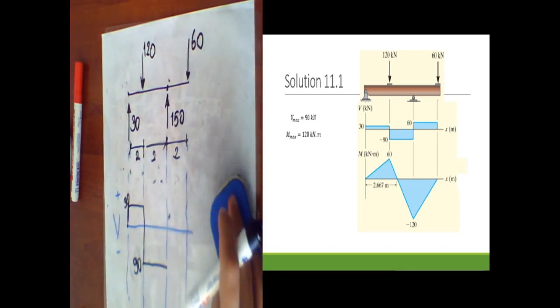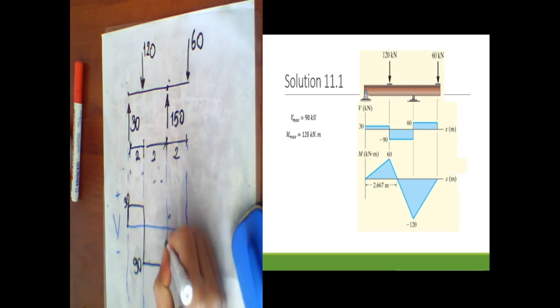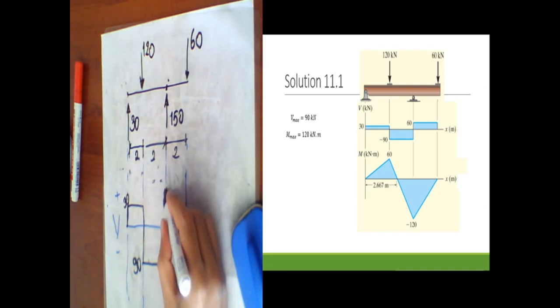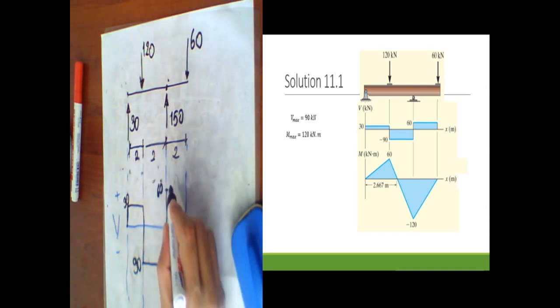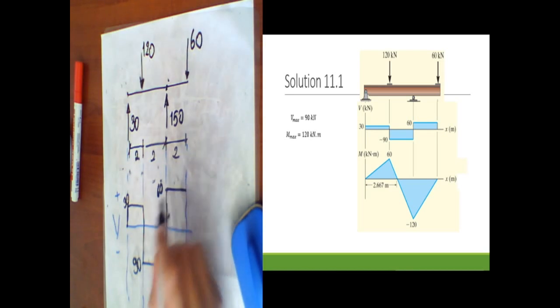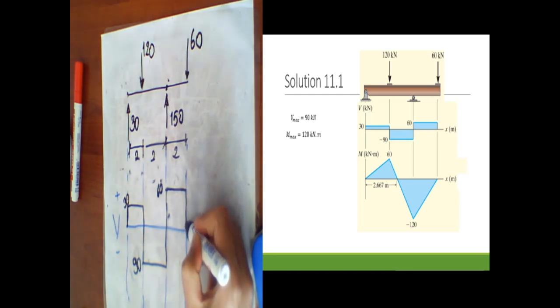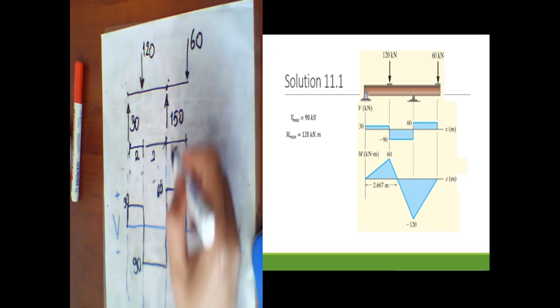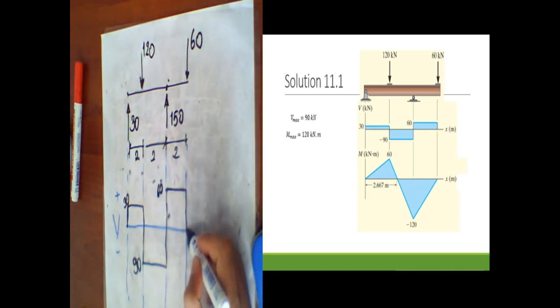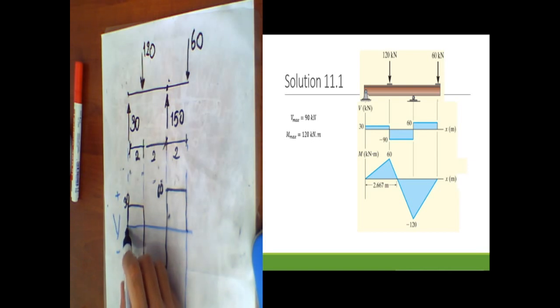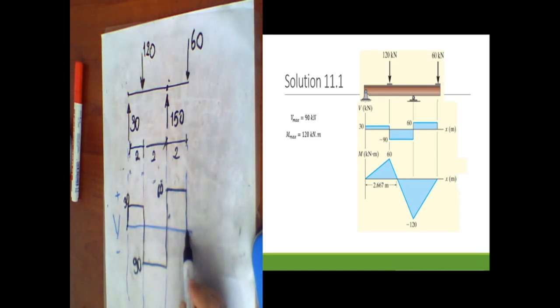Therefore I go to positive 60 like this, and again there is no force applied from this point to this point, and that's done. After putting 60 in, we finish at 0. It's also a checkpoint. Every time we start from 0 and we have to finish with 0. This is the shear force diagram.